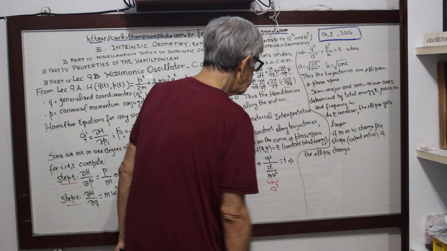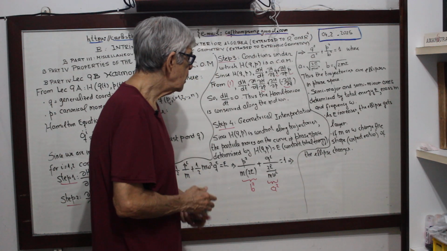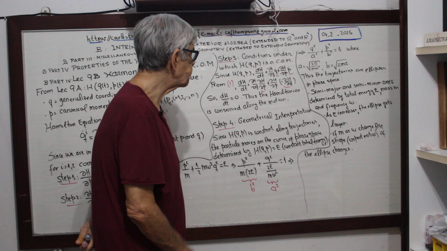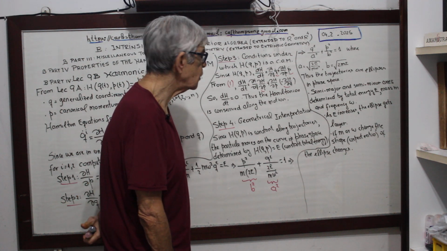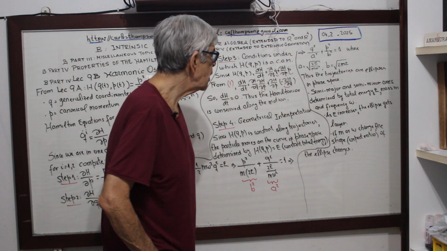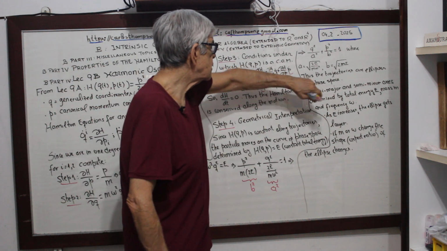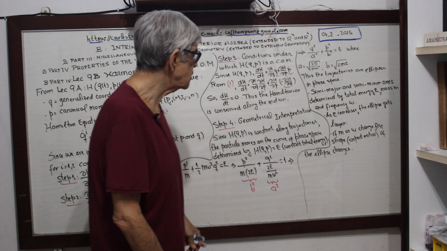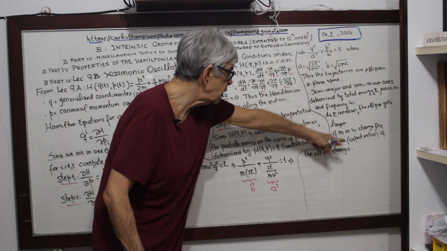You can impose this and go to the computer, and then you can manipulate all these major axes, minor axes with numbers and see what is written over here.